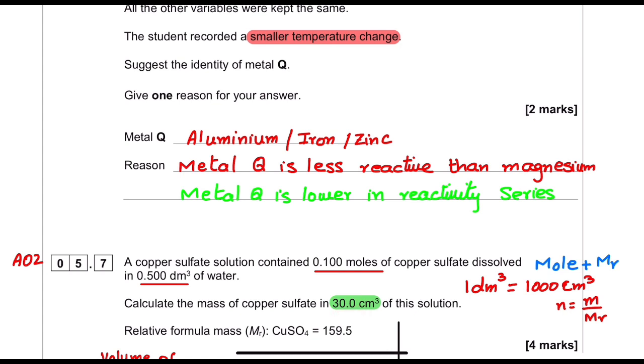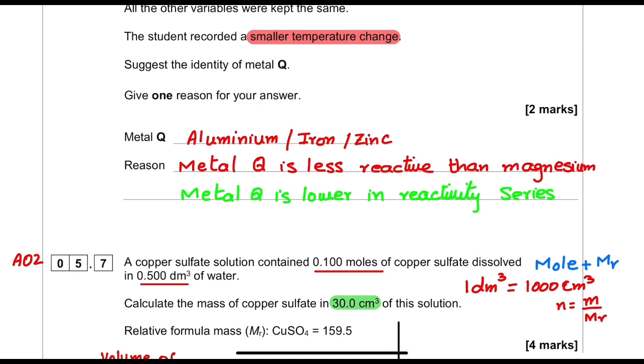I'm going to use the formula: number of moles is equal to given mass over Mr of copper sulfate. Mr of copper sulfate is already given, so we can use it here. To find the mass, we need the number of moles of copper sulfate dissolved in 30 cm cubed of solution.